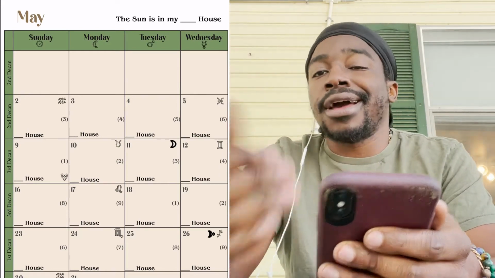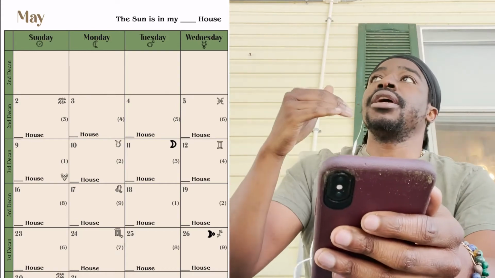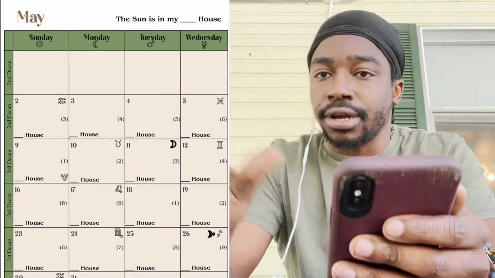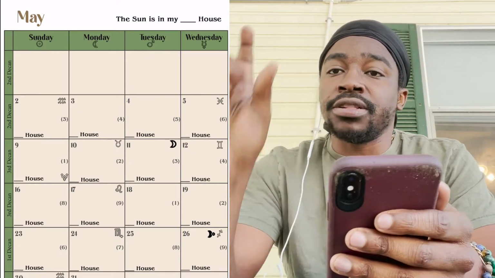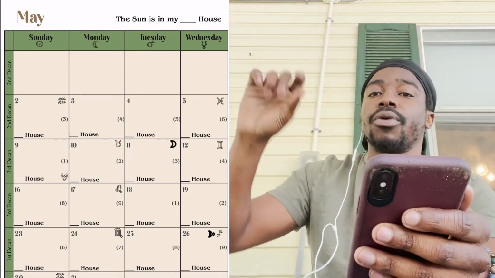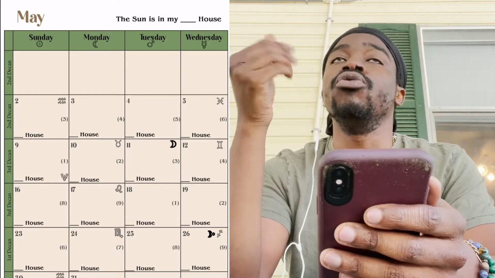How I chose to do this was, every day, I am looking at the time at noon, 12 o'clock p.m. Whatever sign the moon was in at that time, I put at the top right corner. That's a way of keeping track of where the moon is transiting.